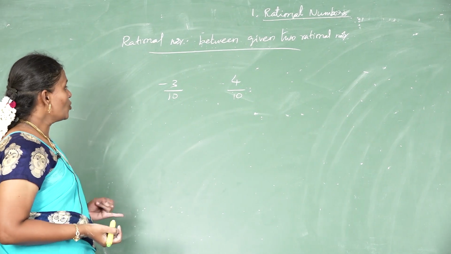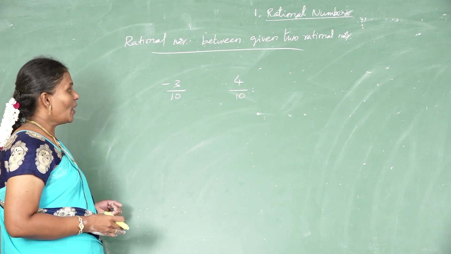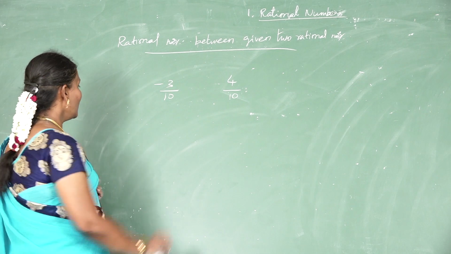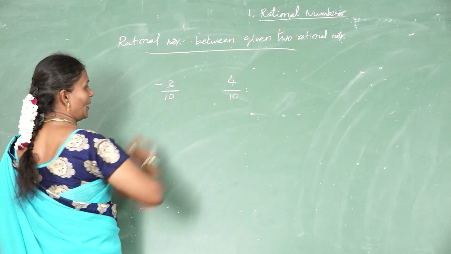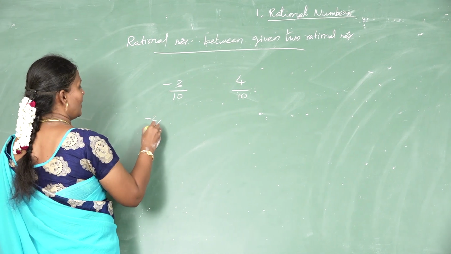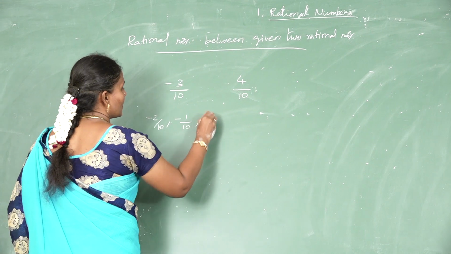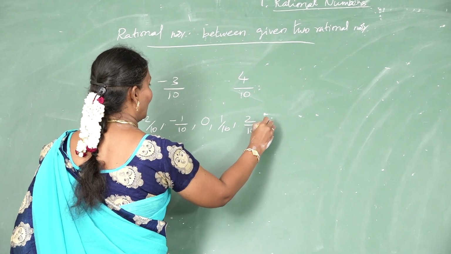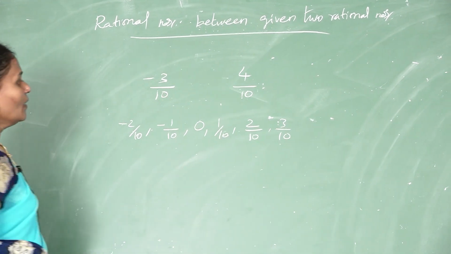See, minus 2 by 10, minus 1 by 10, 0, 1 by 10, 2 by 10 and 3 by 10. So these numbers are in between minus 3 by 10 and 4 by 10.